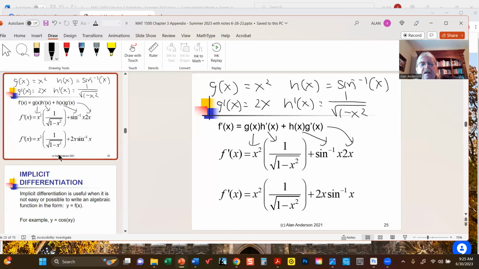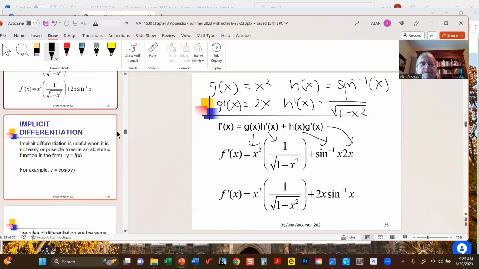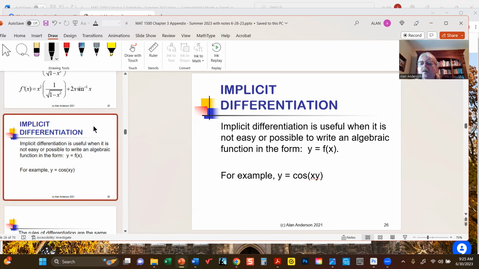Okay. Anyway, now we're going to move into something that's a little bit different. Sometimes we run into functions that are very complicated. Now, normally when we take derivatives, what we have to actually do is rewrite whatever equation it is in such a way that y is on the left-hand side of the equation and all the other terms, the x's and the constants, are on the right-hand side.